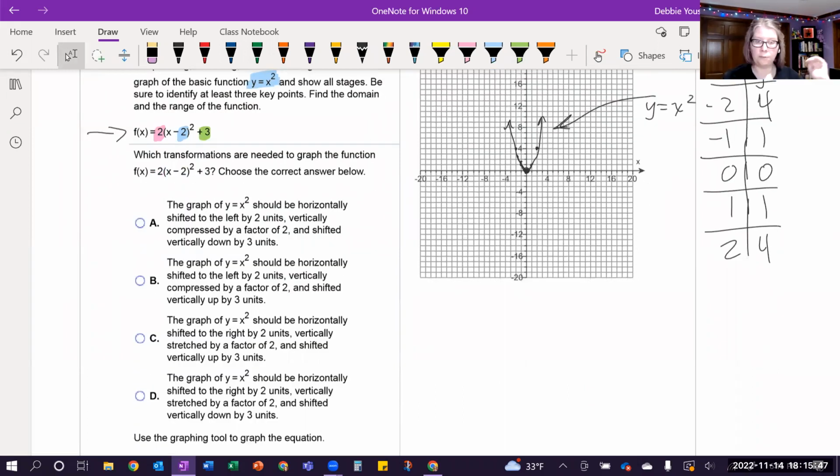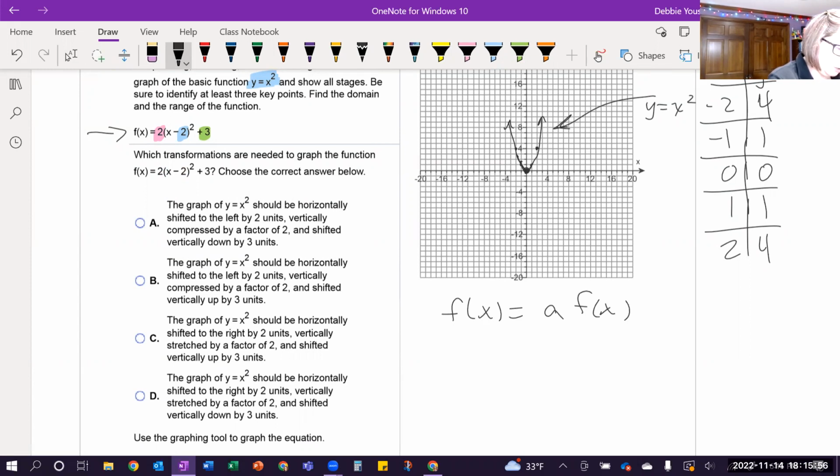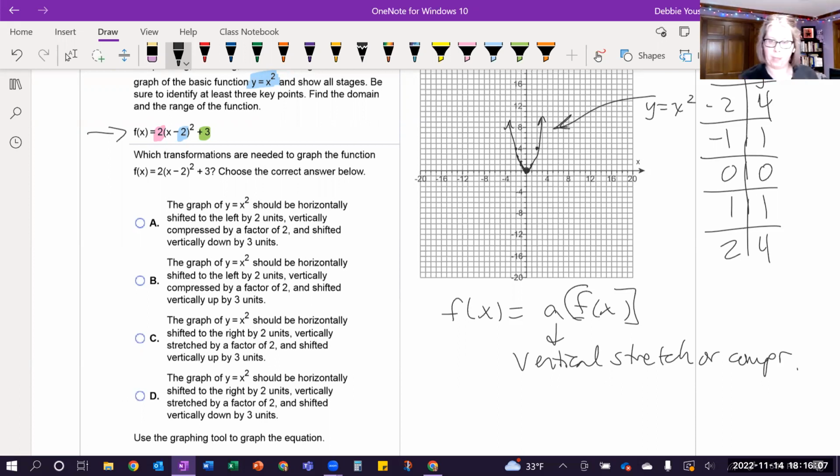So when there is something in front, I'm going to call it an A, times my original function, then that is going to be a vertical stretch, or I'm going to abbreviate compression. So make it elongated or shrink it down.